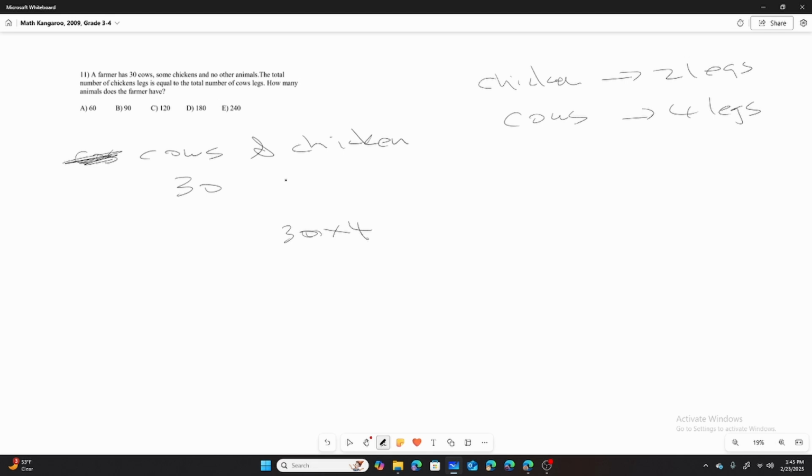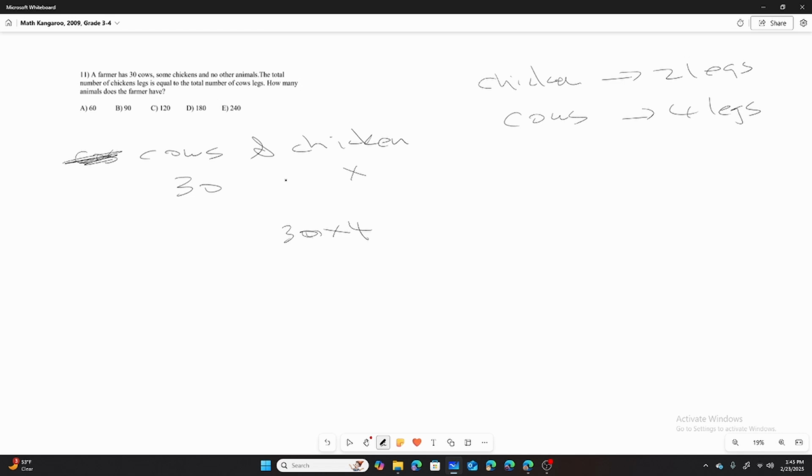But we are told that the total number of chicken legs equals the total number of cow's legs. But we don't know what the number of chicken is. So let's label this X. X denotes the number of chicken. If X represents the number of chicken, X times 2 would be the total number of legs the chicken has.